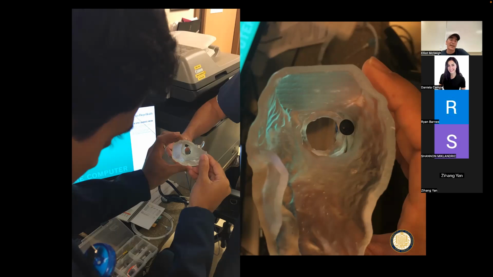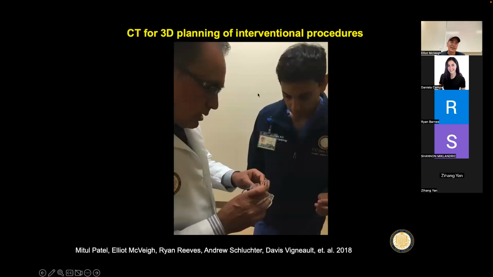Getting cardiologists to come to the computer and sit there and play with digital data is virtually impossible. They are very busy people. But when you have this thing printed, you can walk down the hall to the clinic and hand it to one of the super senior cardiologists who's done many of these procedures.